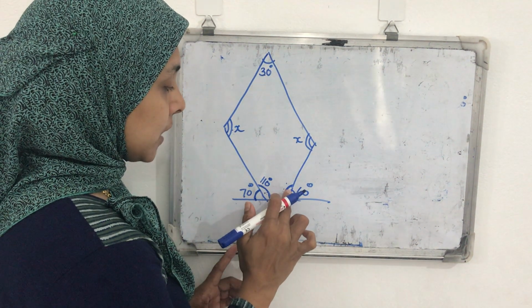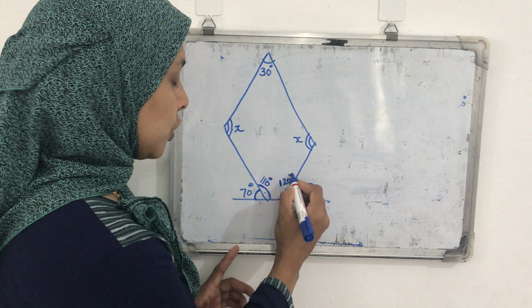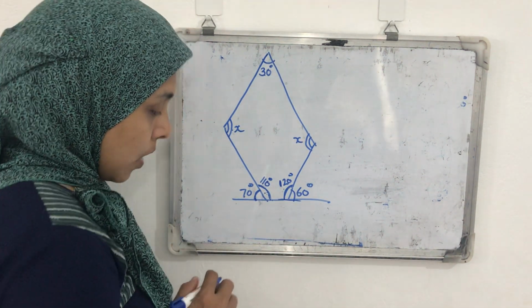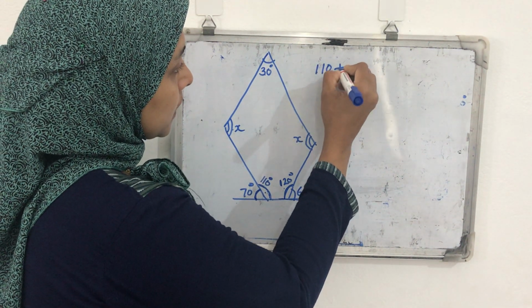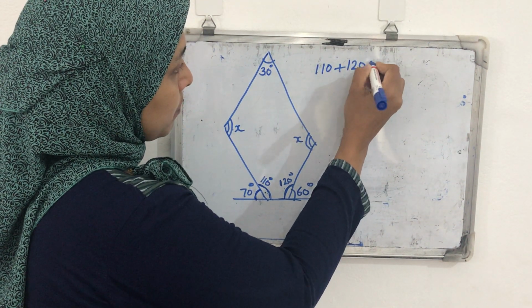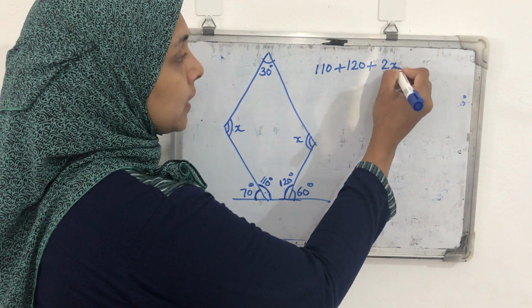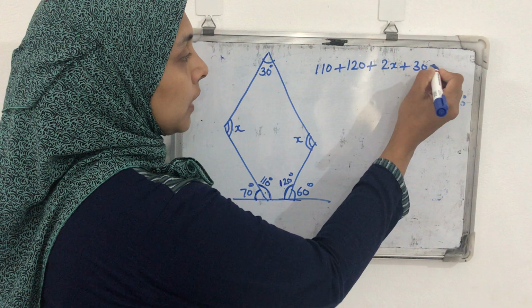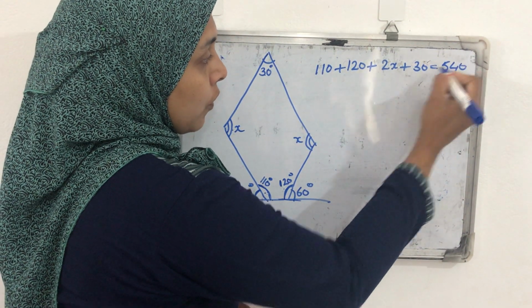So 180 minus 60 is 120 degrees. Now the sum of 110 plus 120 plus x plus x, we can write as 2x plus 30. What will be its sum? That will be equal to 540.